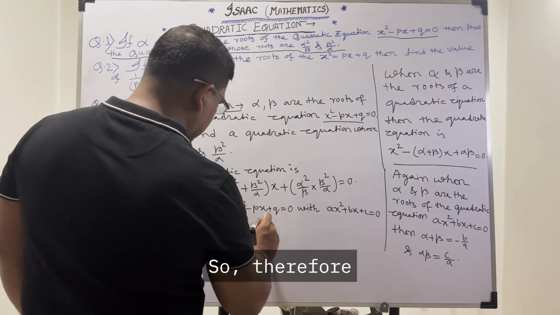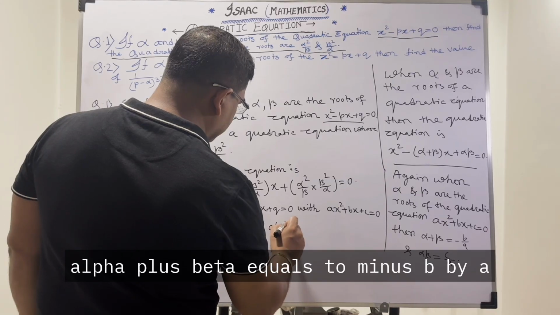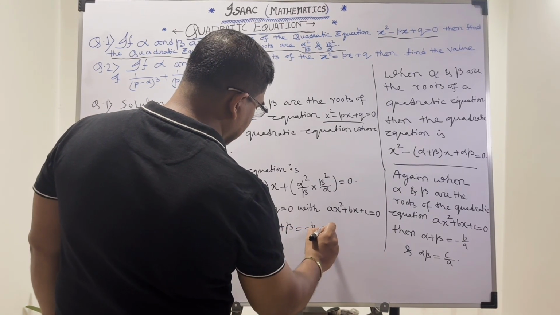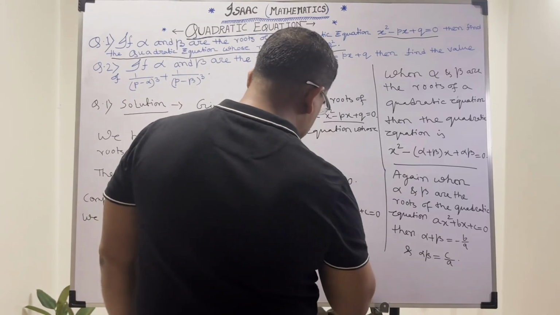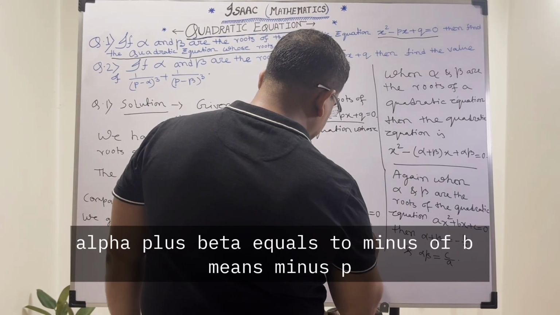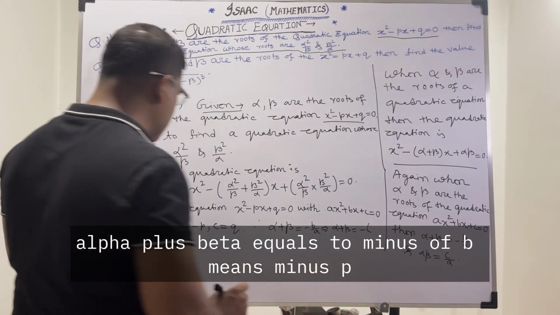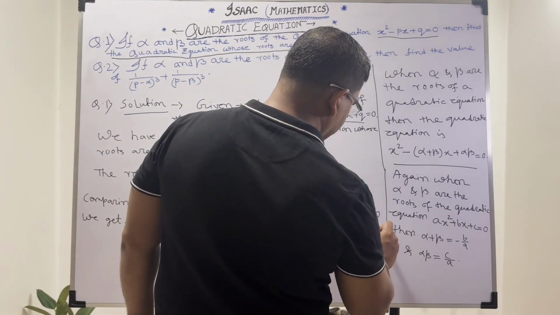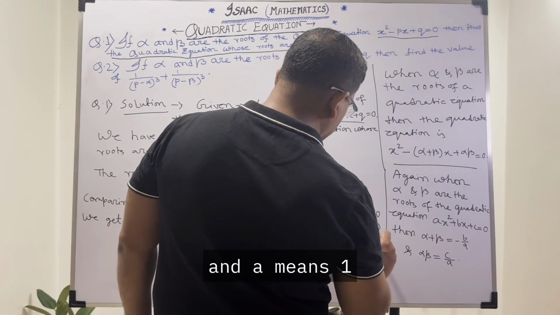So therefore alpha plus beta equals to minus b by a implies alpha plus beta equals to minus of b means minus p and a means 1.